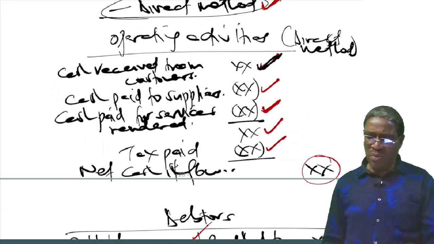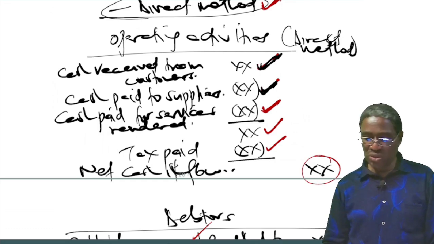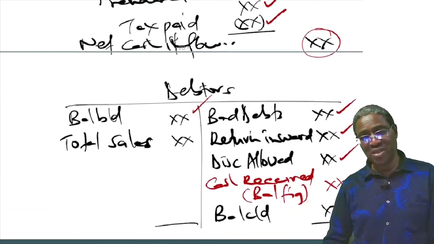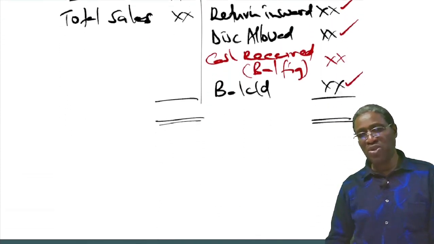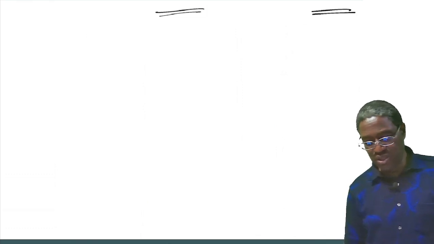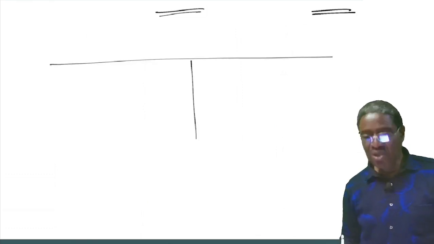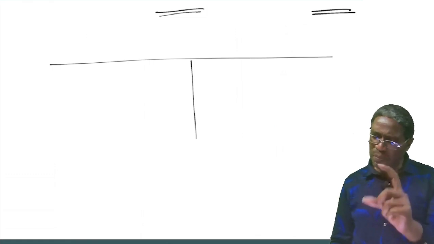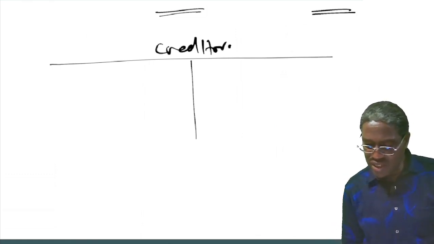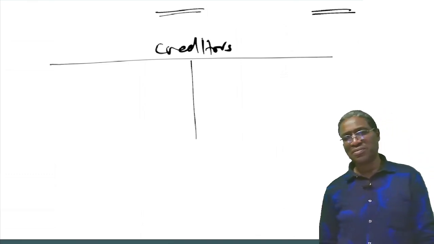Let me also talk about how we determine the cash paid to suppliers. Let me discuss that first before we put down a summary note on how to get it. To determine the cash paid to suppliers, we shall be preparing again a creditors account.